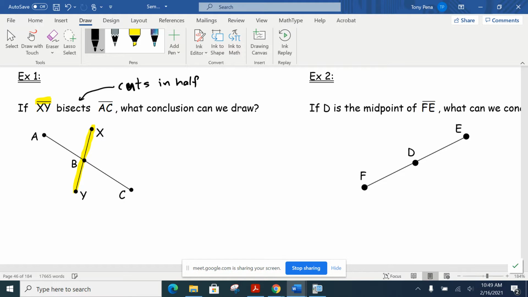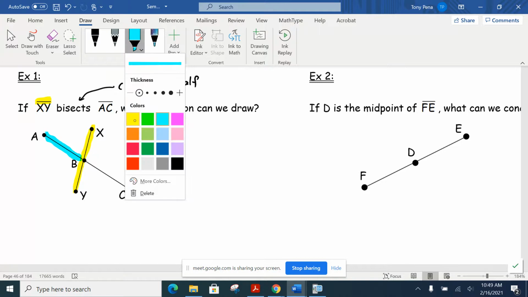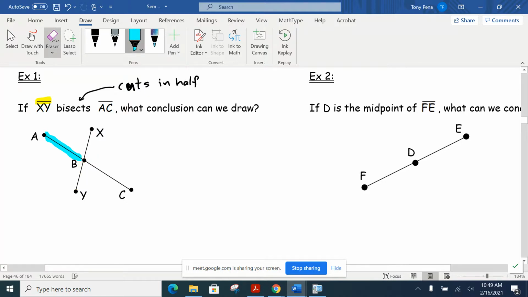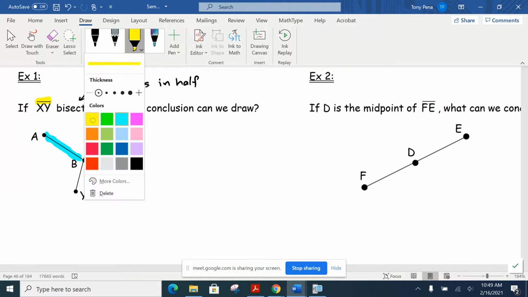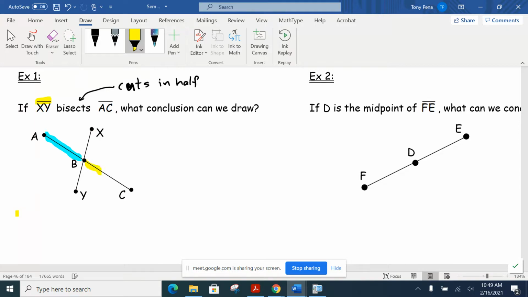So when you see XY cuts in half AC, let's look at AC, that non-shaded one. If XY is cutting that in half, doesn't that guarantee that segment AB and segment BC have to be congruent?